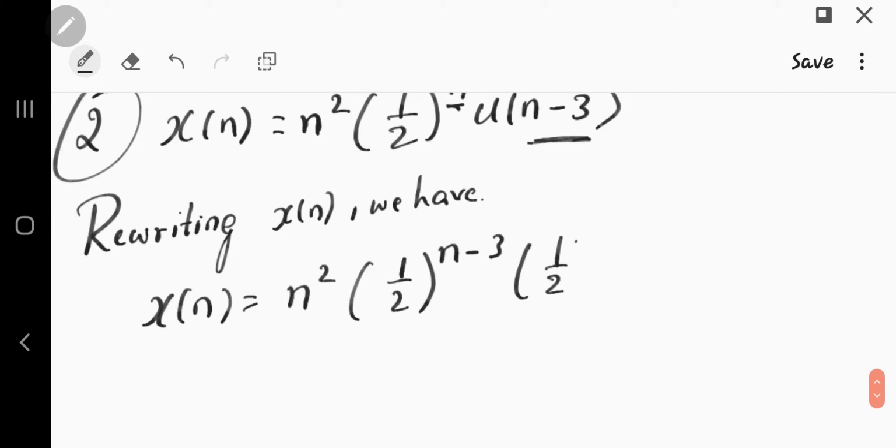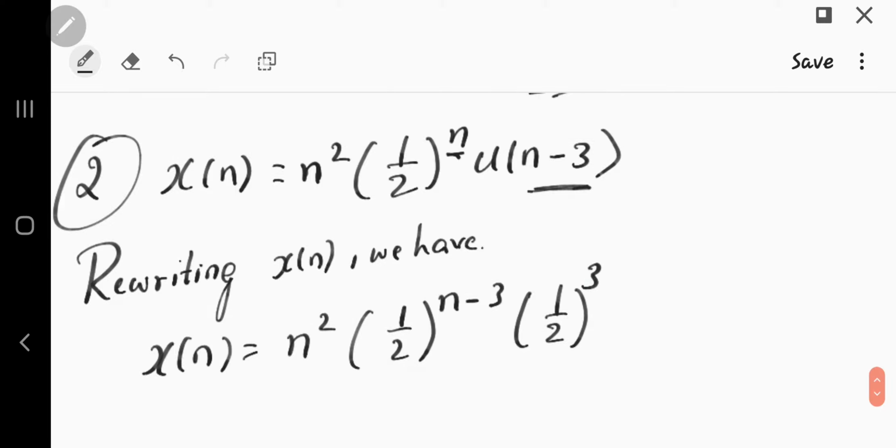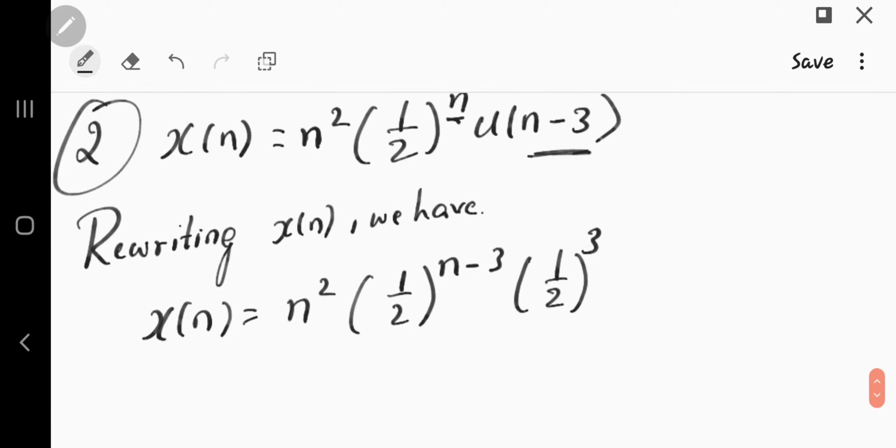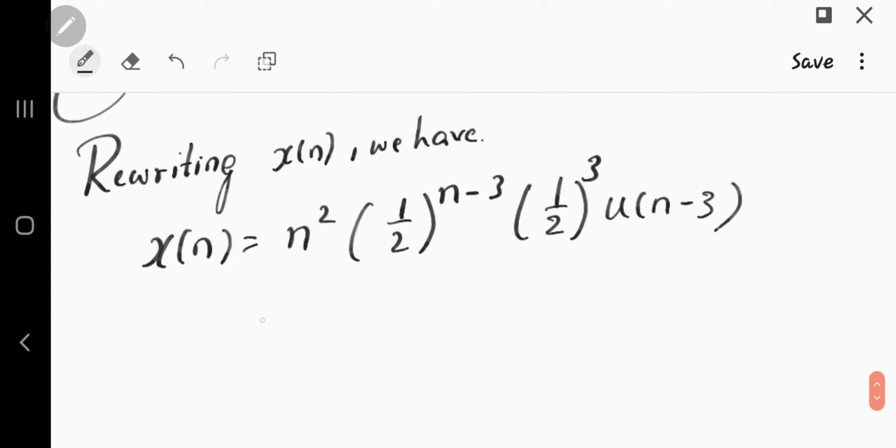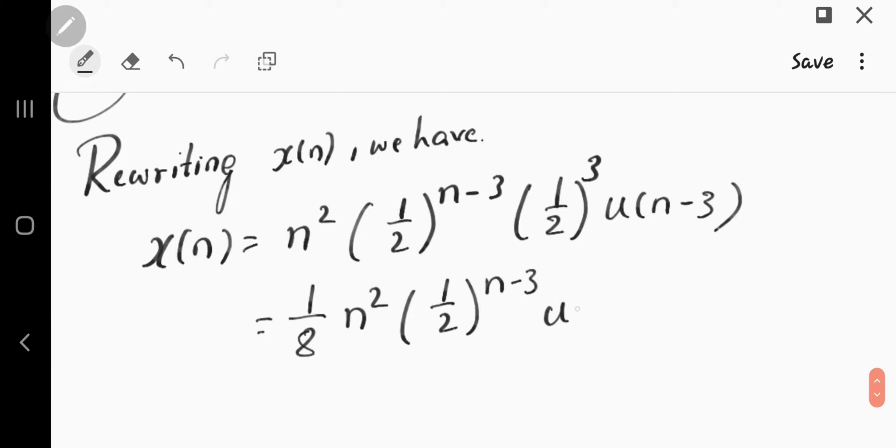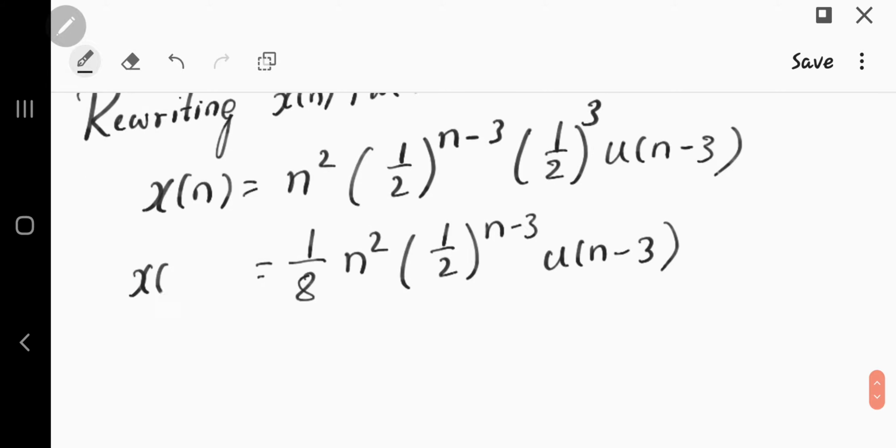So I'll multiply with 1 by 2 to the power of 3, into u of n minus 3. So finally I can write it as 1 by 8 into n square into 1 by 2 to the power of n minus 3 u of n minus 3. So this is my x of n.